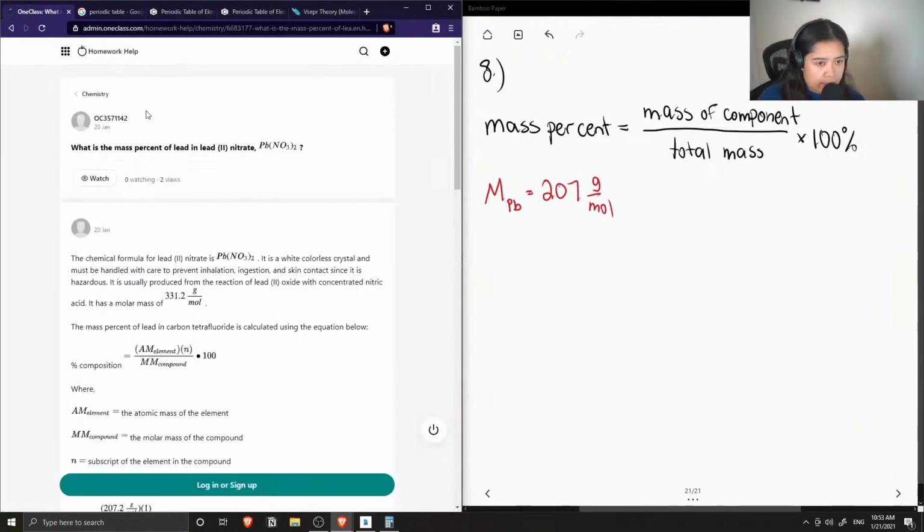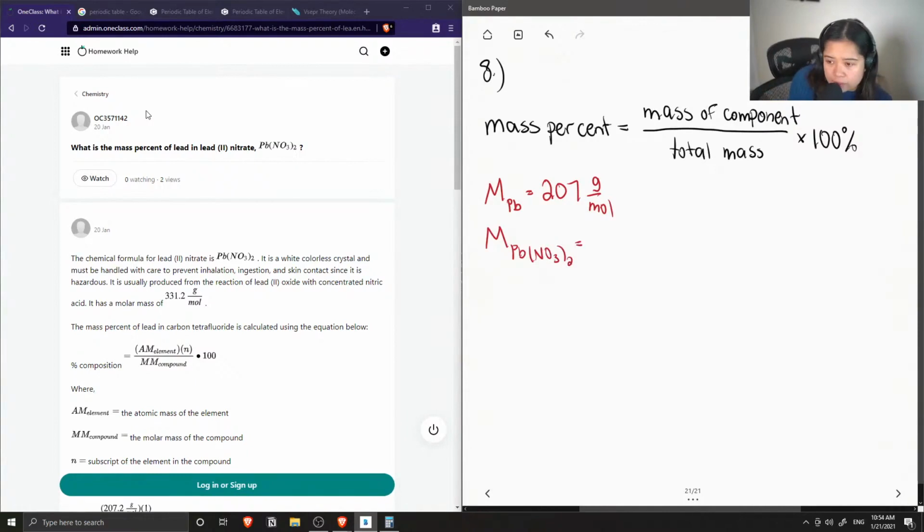And our total mass in this case would be the molar mass of lead nitrate, so we also need to calculate for this. Again, we would find all their values on the periodic table, and it would be equal to the molar mass of lead plus 2 times the molar mass of nitrogen plus 3 times 2 is 6, so 6 times the molar mass of oxygen.